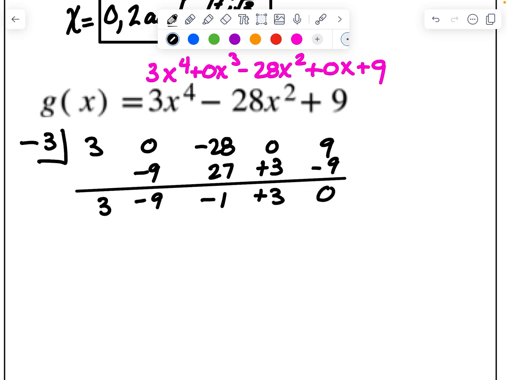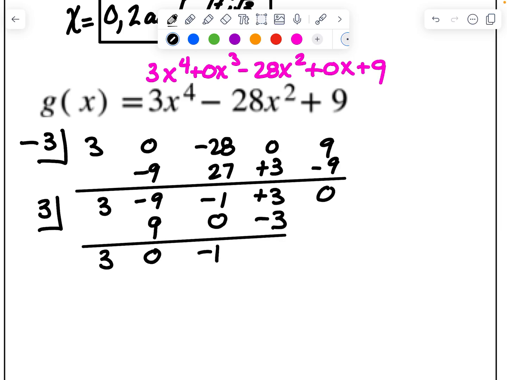Now, so I know negative 3 is an answer. Now I'm going to do synthetic division with only these numbers. Bring down the first number, multiply, add, multiply, add, multiply, add. Excellent. I am going to remember that this is the remainder, this is my number, this is my x, and this is my x squared.